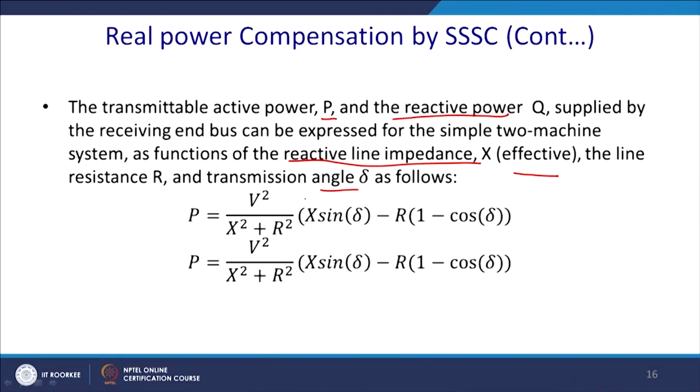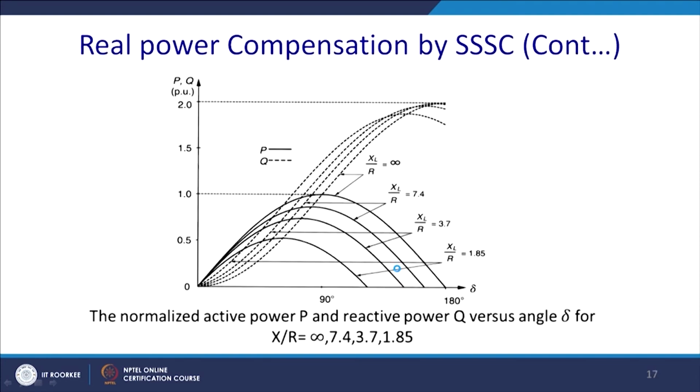It will be V squared by (X squared plus R squared) into [X sin delta minus R (1 minus cos delta)]. Effectively, you can couple it. So, this will be the new equation for transmitting power with reactive power compensation, and thus what happens?